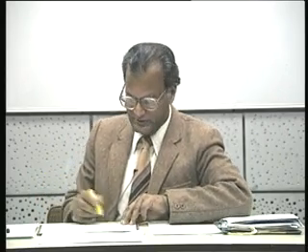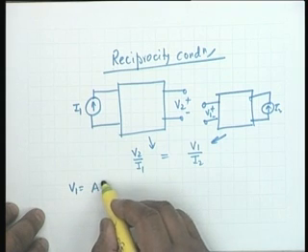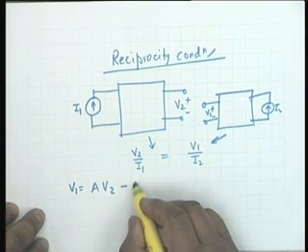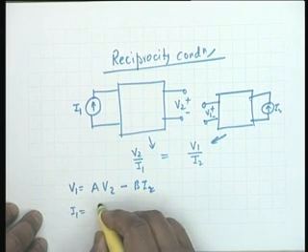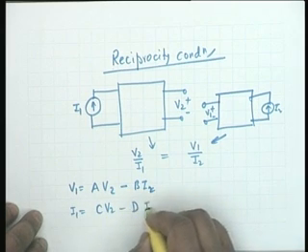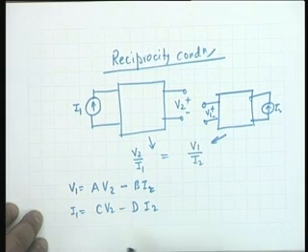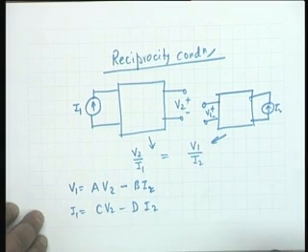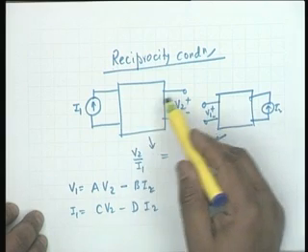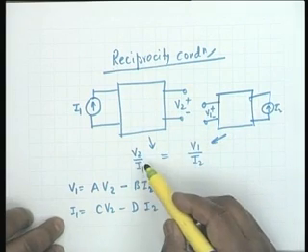Now, if I appeal to my equations, you see V1 equal to A V2 minus B I2 and I1 is C V2 minus D I2, then you see under the condition that I2 is 0, okay, for this I2 is 0, what is V2 by I1?